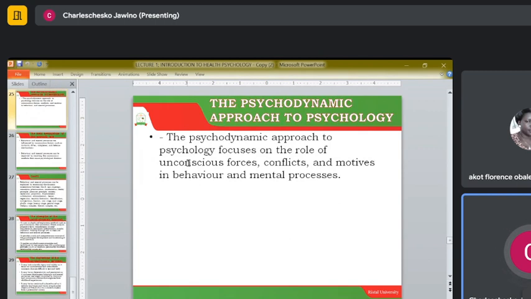We proceed to another approach, the psychodynamic approach, as we are trying to get to the end of today's lecture, and perhaps this is our last approach to look at in psychology. This approach focuses on the role of unconscious forces, conflicts, and motives in behavior and mental processes.